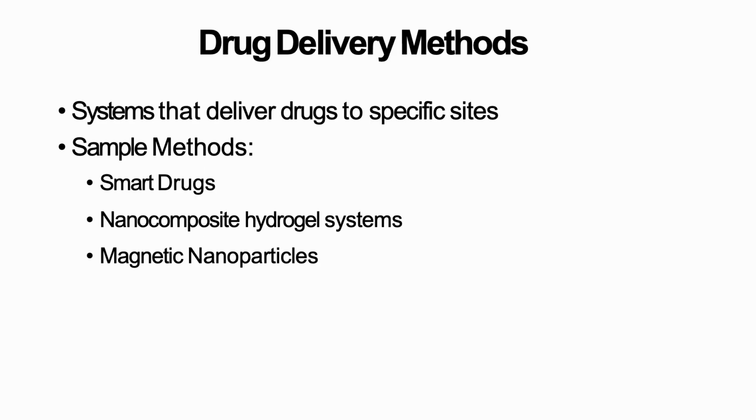Now, one of the very important parts of nanotechnology use is the drug delivery methods. So these are systems that deliver drugs to specific sites. We call them smart drugs. We can also make nano-composite hydrogel systems.